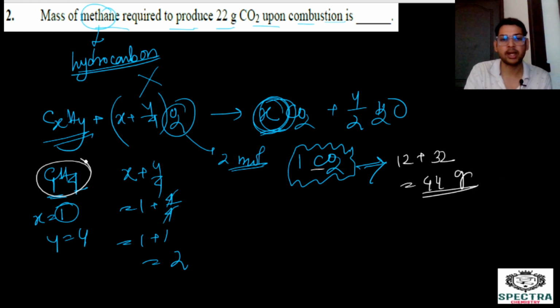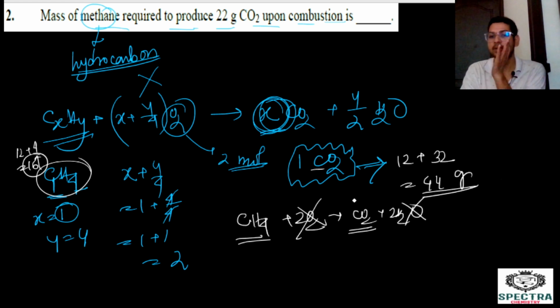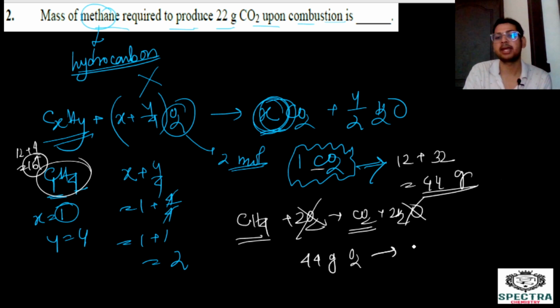And for methane, carbon is 12 plus hydrogen is 4, that means 16. So the equation is CH4 plus 2O2 gives CO2 plus 2H2O. I am only concerned with CH4 and CO2. So I can write 44 gram CO2 we can get from 16 gram CH4. How much do you need?